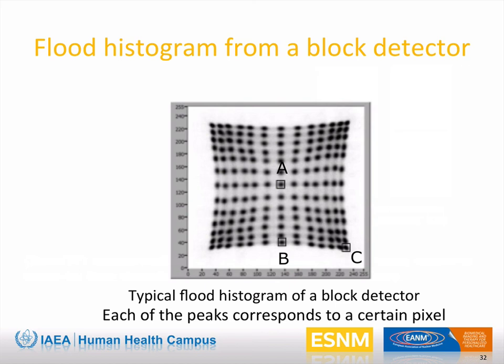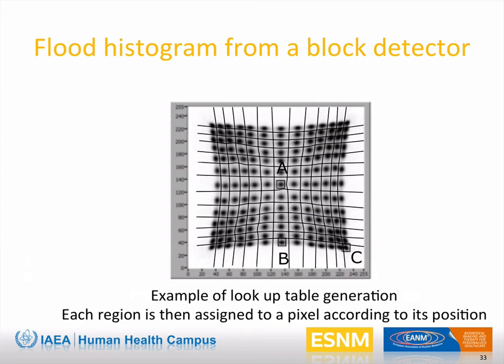This representation suffers from significant space distortion with respect to the real position due to the poor spatial sampling, especially at the borders, case B in the picture, and corners, case C. In addition, peaks are broadened due to the statistical fluctuation of the PMT signals and the possibility of having multiple interactions in the scintillator block, thus resulting in some overlaps with the adjacent ones.